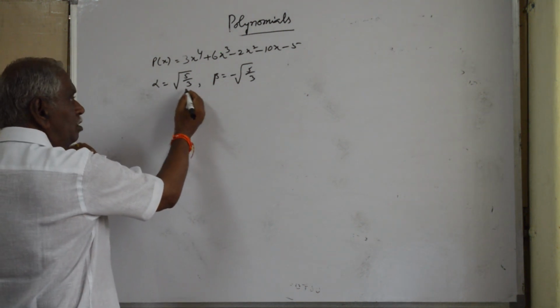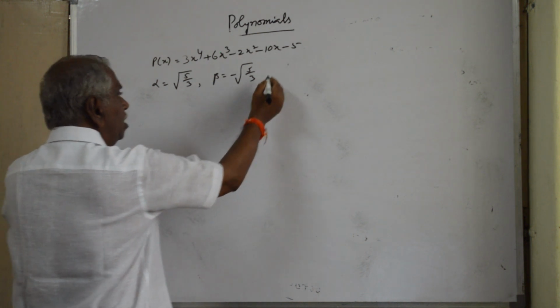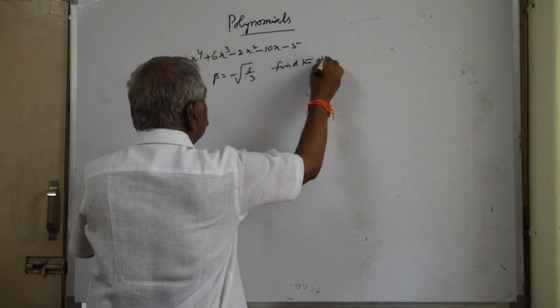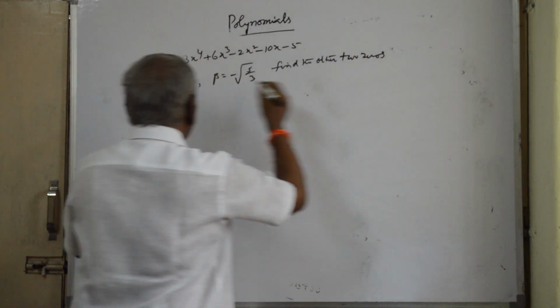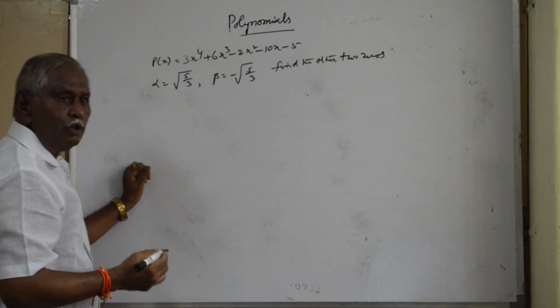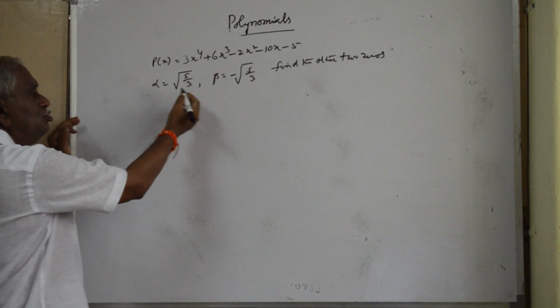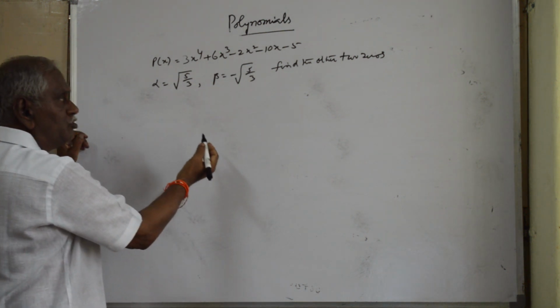Find the other two zeros. Because it is a polynomial of fourth degree, we have four zeros. Here they have given two zeros. One zero is root 5 by 3, the other zero is minus root 5 by 3.